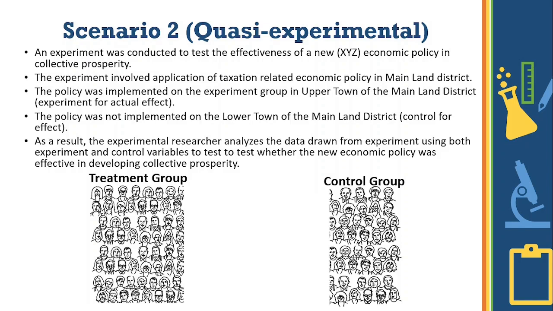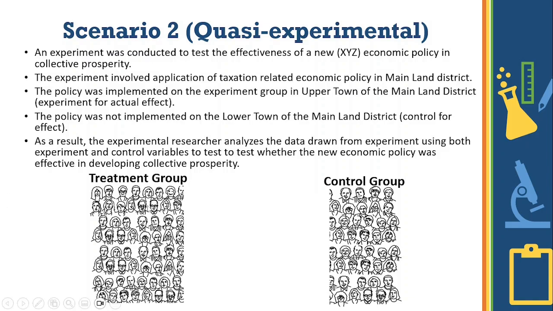As a result, the researcher analyzes the data drawn from the experiment using both experiment and control variables. Again, we are looking at the experiment data, but we are also taking into account the control data to test whether the new economic policy is effective in developing a collective prosperity.